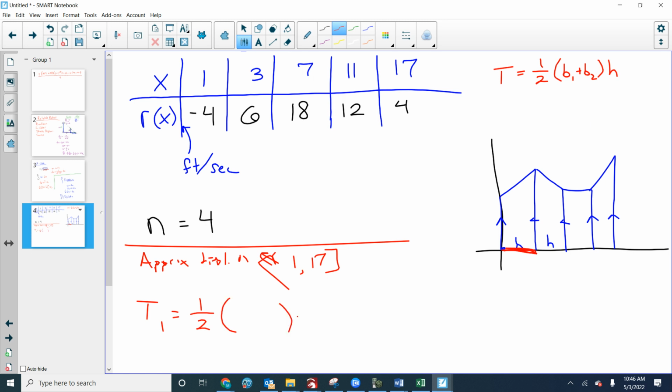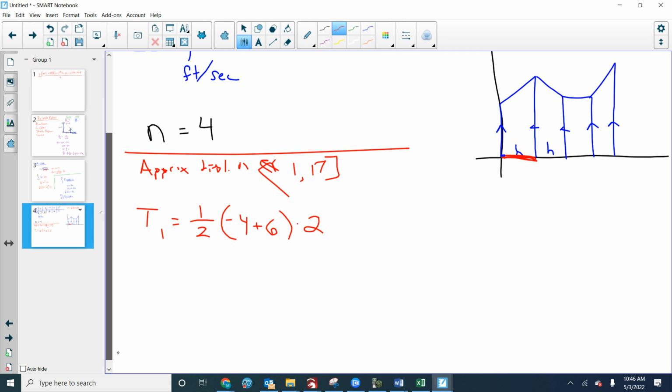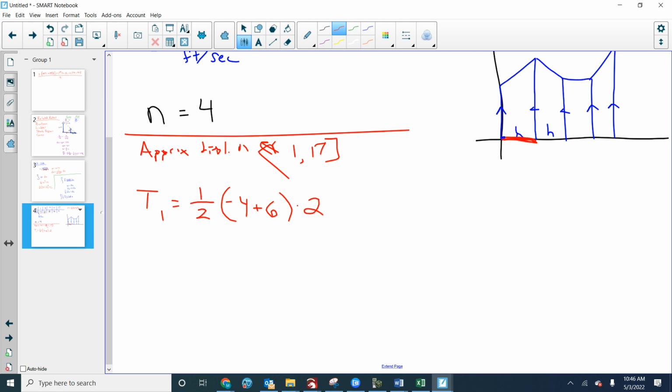B1 plus B2 times the height is 2 for the first trapezoid. The bases are -4 and 6. And I just made these numbers up. I don't know that they're going to come out nicely. The first one's nice because the 2 and the 1/2 cancel. We just have -4 plus 6, which is 2.